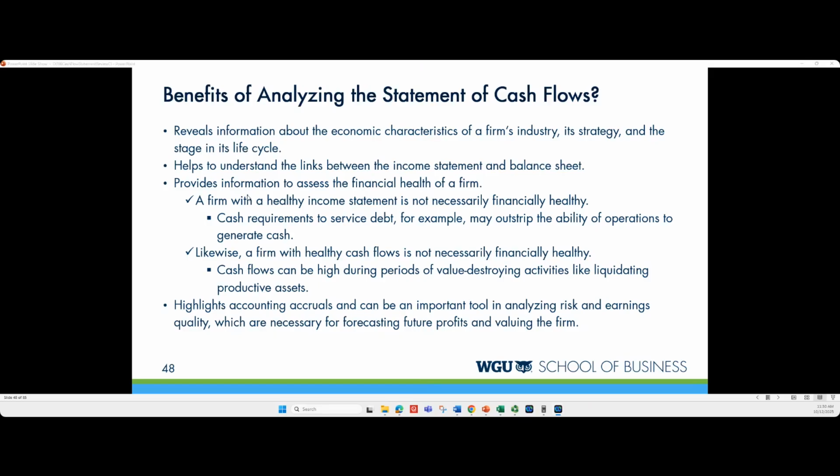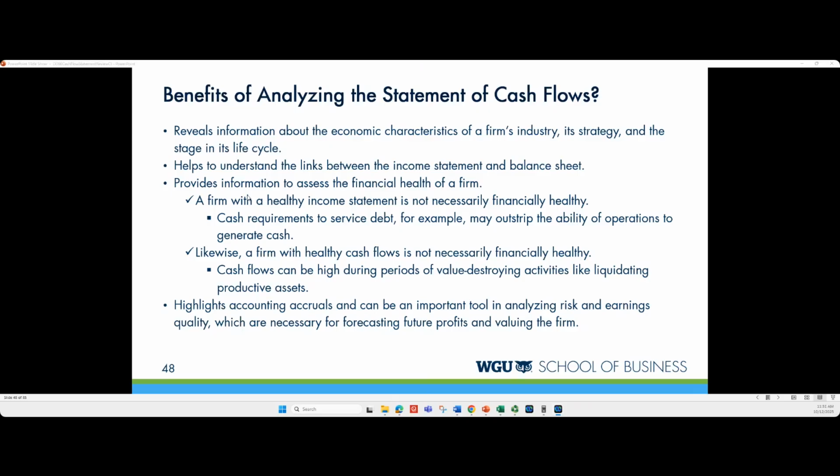The reason we want to look at both is that just because a firm has a good looking income statement, it could still have far more cash requirements that aren't showing up. This may erode the cash they need to service debt, or to pay out a large amount of dividends to shareholders that they weren't expecting.